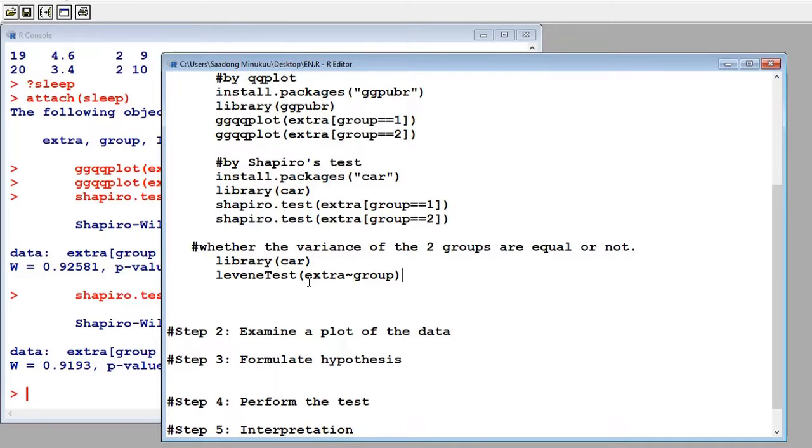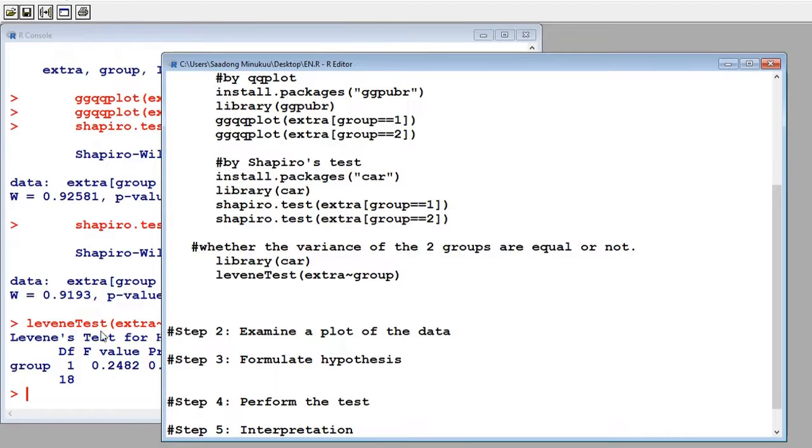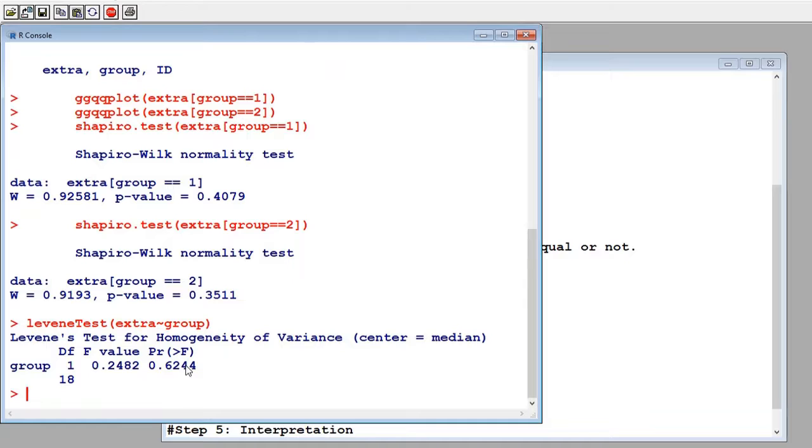Now, the null hypothesis is that the two groups have equal variances, and the alternative hypothesis is that the two groups have unequal variances. So let's run Levene's test and see what happens. From the results, we can see clearly that our p-value is 0.6, which means it's greater than 0.05.